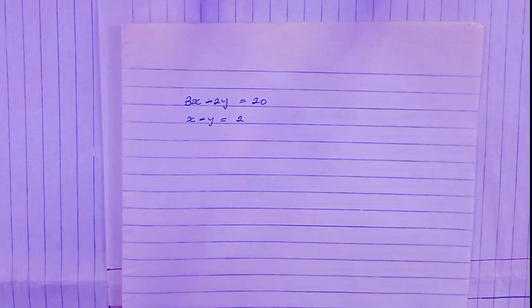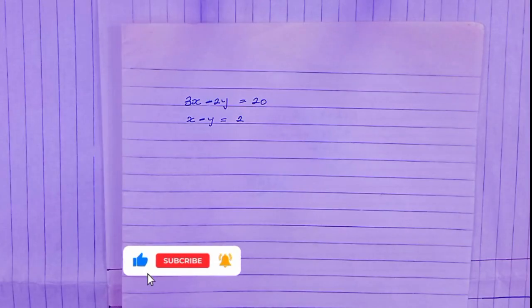Since we are using the elimination method, that means we are going to eliminate either x or y by either adding both equations or by subtracting one of the equations from the other.